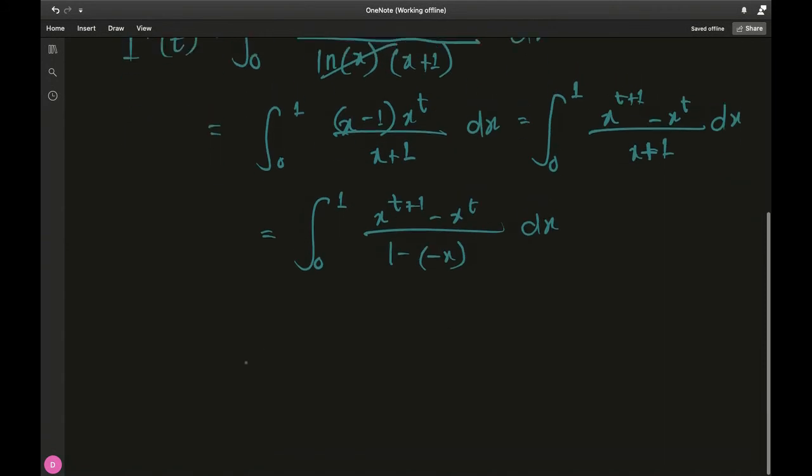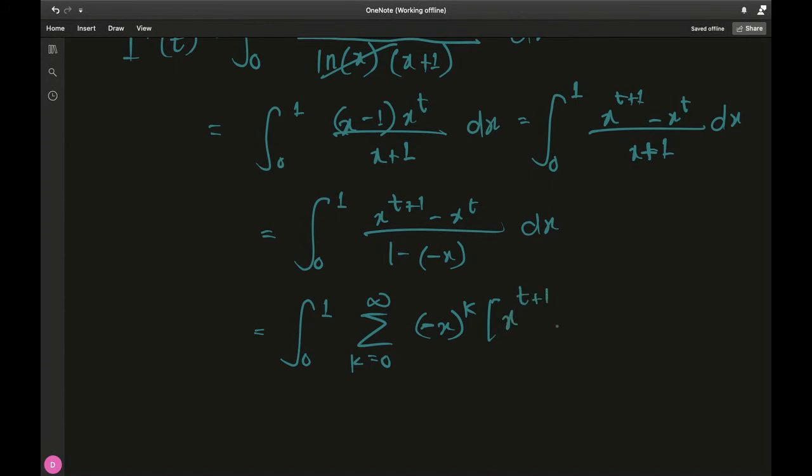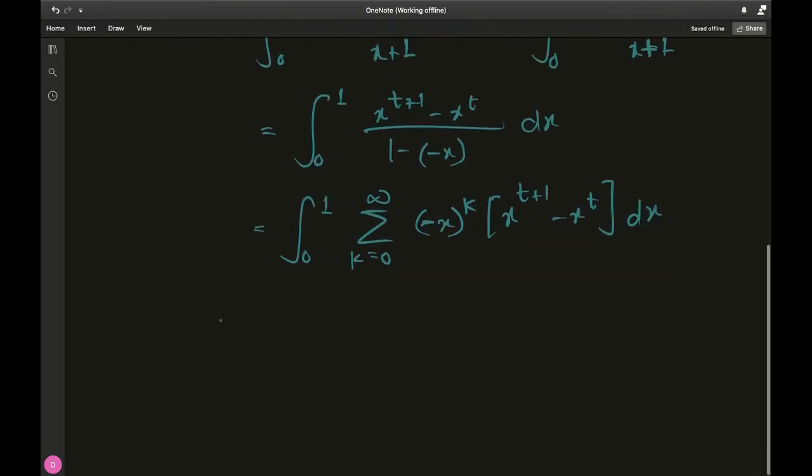And since we are in the radius of convergence, we can write this as an infinite geometric series going from k equals 0 to infinity of negative x entire thing to the kth power, and then the numerator is as it is, x to the t plus 1 minus x to the t dx. So now I'm going to interchange the sum and the integral, assuming uniform and absolute convergence, obviously.